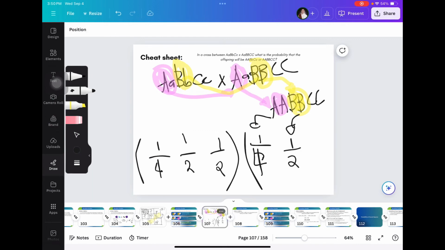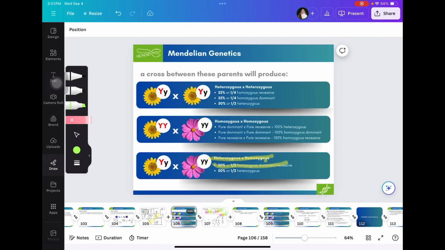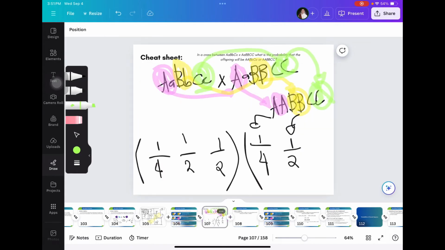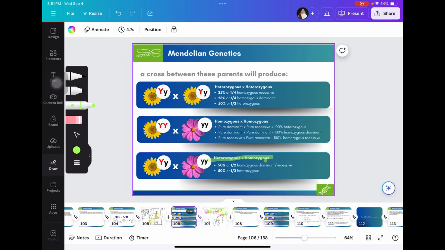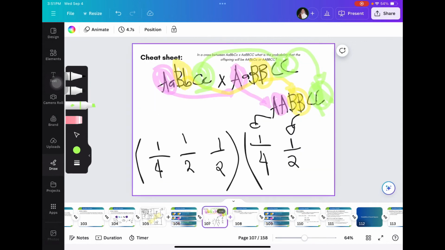Lastly, I would be taking out the last trait, multiplied with this one. What are the odds that they will also have this homozygous dominant trait? So hetero times homo in our cheat sheets, that is this one, hetero times homozygous. What are the odds that they will be producing a homozygous dominant, which is this one? Technically, the answer is also 1/2.